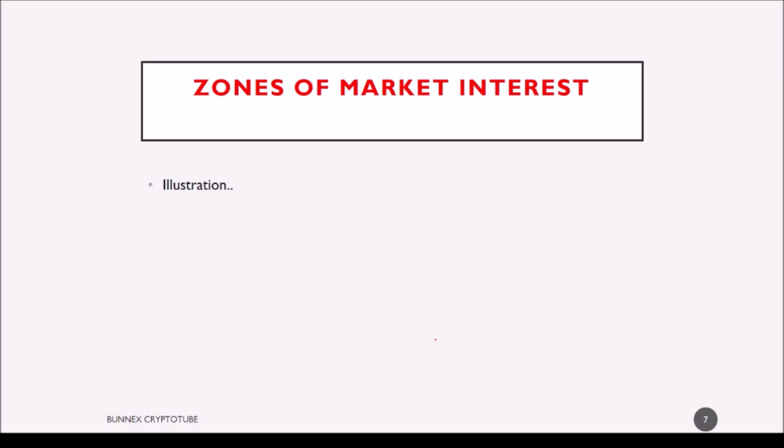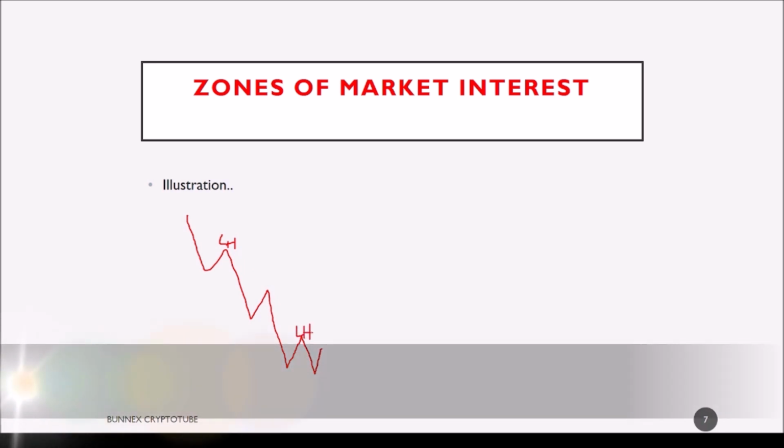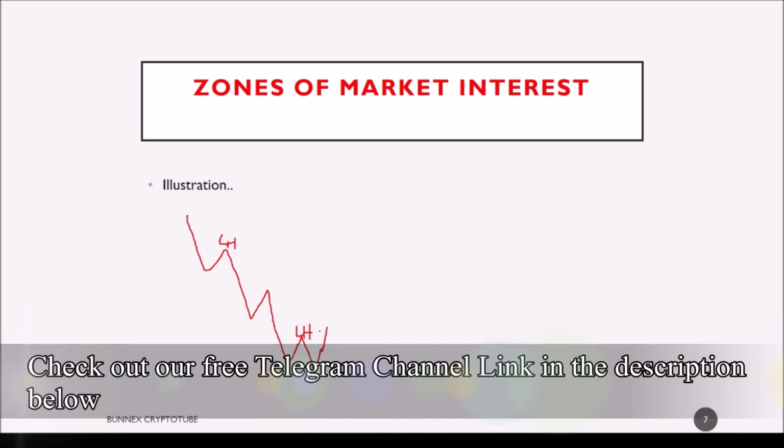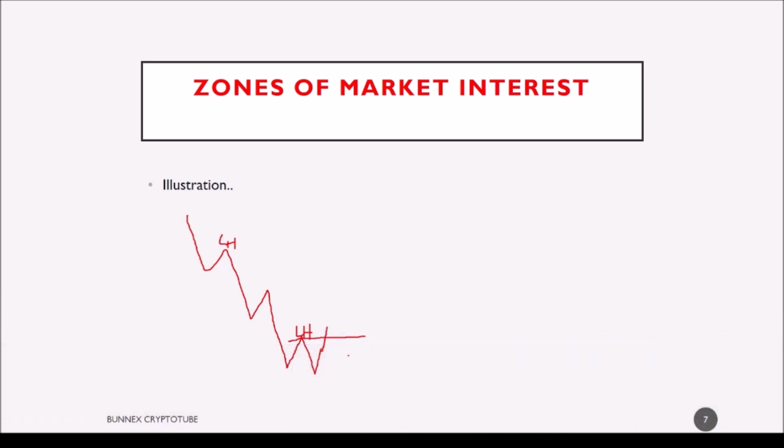Let's take, for instance, the market was actually trending down like this, right? In this case, we can see that this was a lower high, right? Up to this point, we had this as a lower high. So breaking of this level of the last lower high is actually a break of market structure.